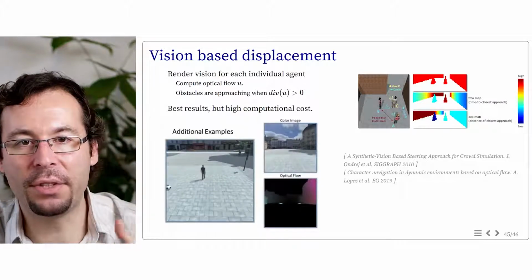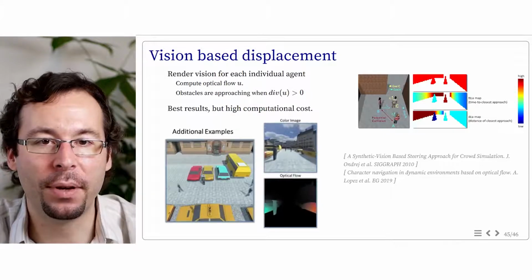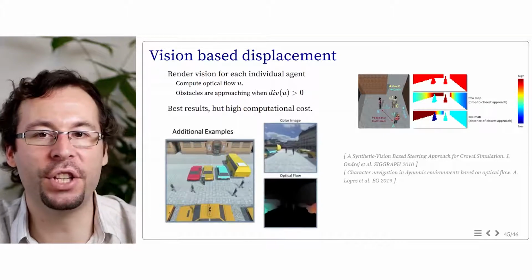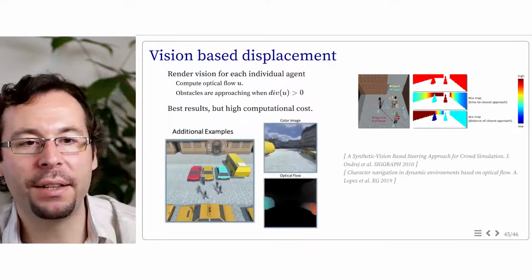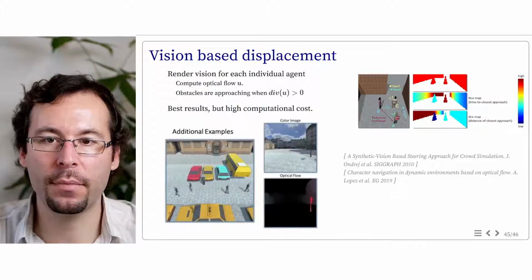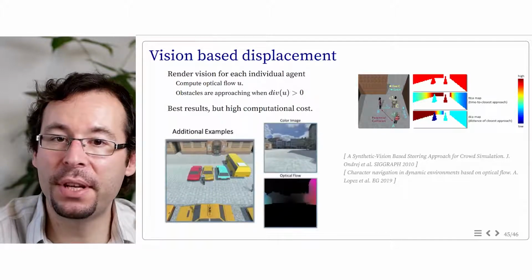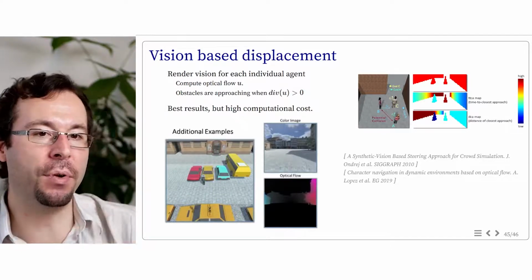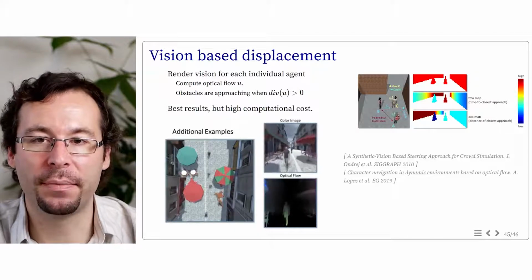Then the character tries to avoid obstacles that move relatively toward him, which means concretely that the agent perceives an optical flow, and objects moving relatively toward us are associated with a positive divergence. So if in our vision field we have a large structure with positive divergence in our optical flow, then it means that we should adapt our path to avoid it.